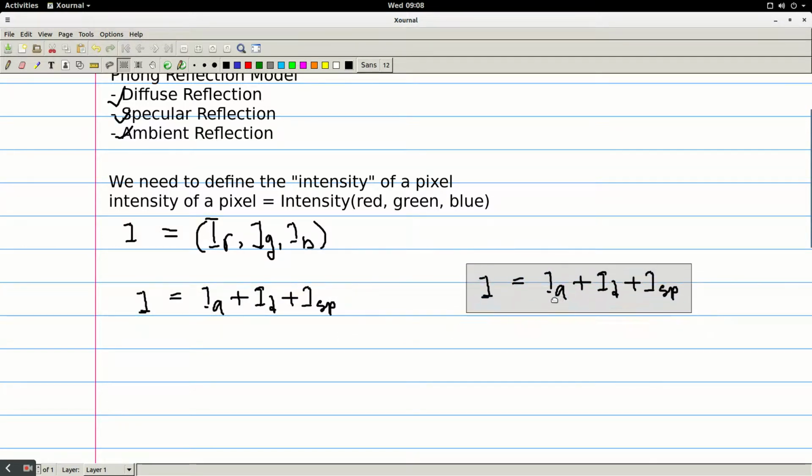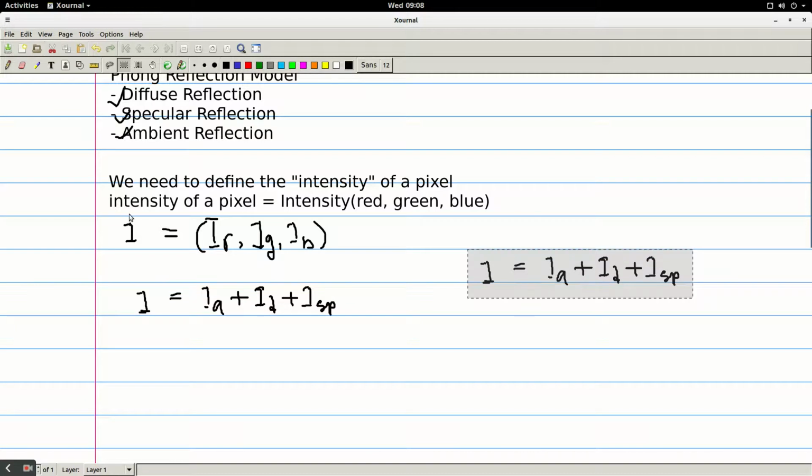If I want to talk about separate color channels, the only thing that I would change, let's say I'm trying to find out the red intensity, I'll just write it in this format, and that would work for this part.